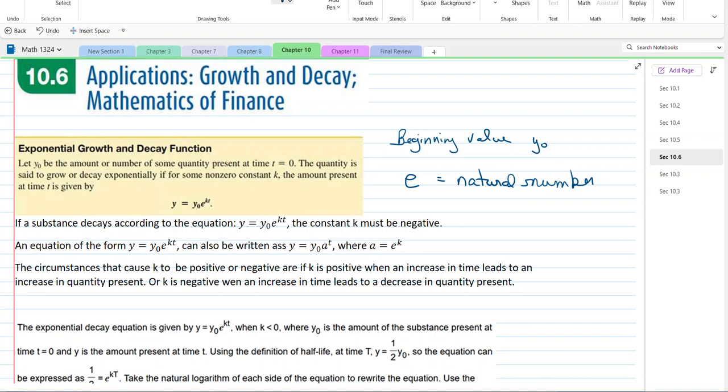So k is a constant, and that is the rate of that decay. It is some kind of a percent value or a value period.